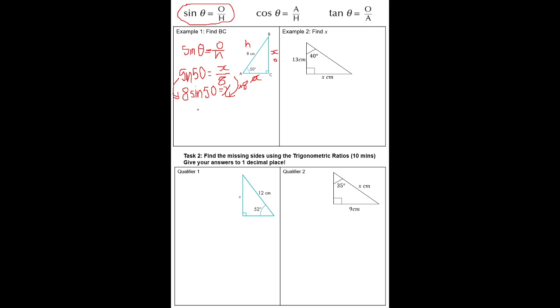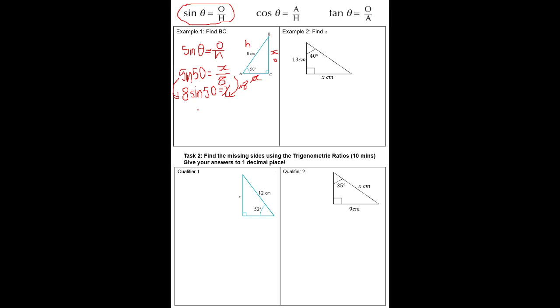Try it again. So if you're using your phone, do sine 50. I would actually suggest at this point that you don't use the calculator on your phone. It's a bit rubbish.